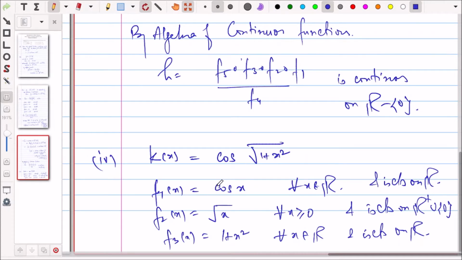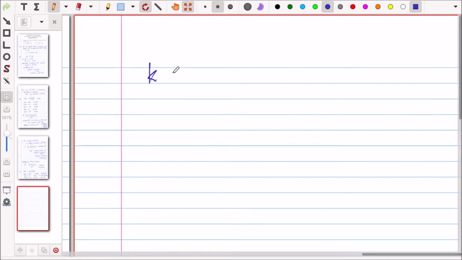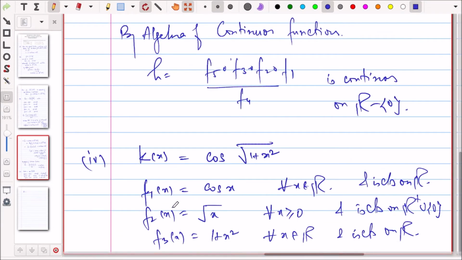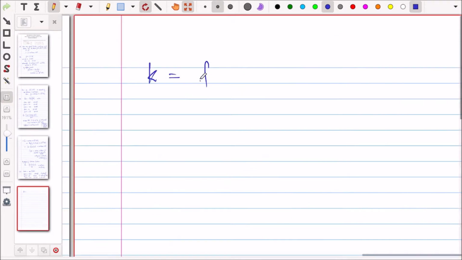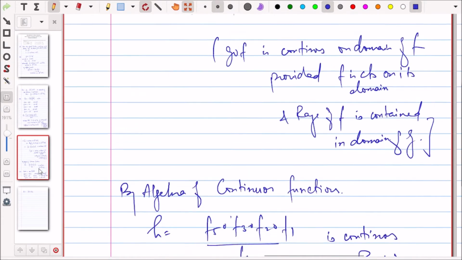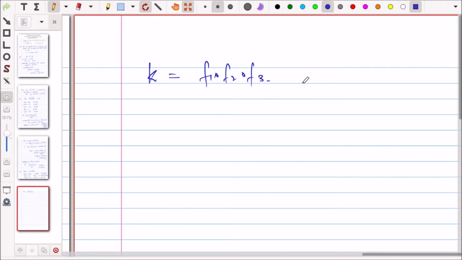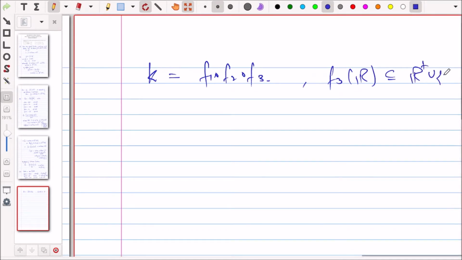So k is equal to f1 of f2 of f3, and you can see here 1 plus x square is always positive, so the range of f3 is contained in the domain of f2, which is R positive union 0, right?